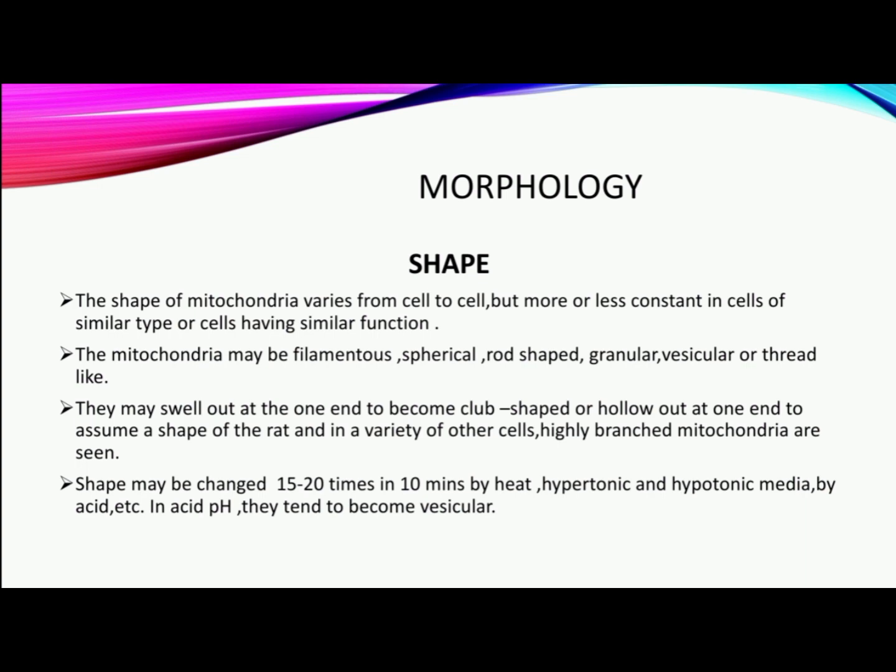And in a variety of other cells, highly branched mitochondria are seen. Shape may be changed 15 to 20 times in 10 minutes by heat, hypertonic and hypotonic media, by acid, etc. In acid pH, they tend to become vesicular.